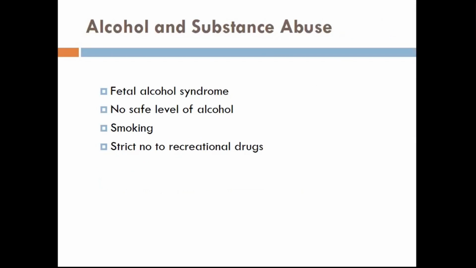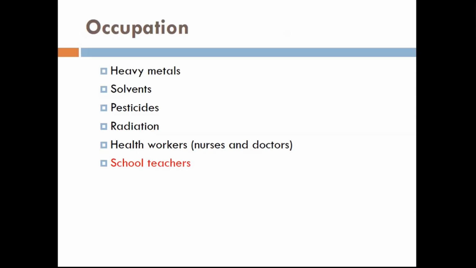I won't go into details because these are probably not that relevant in our society. Occupation: those working with heavy metals, solvents, pesticides, radiation, health workers, doctors and nurses, and school teachers. Why school teachers? Congenital rubella, right? Rubella is a childhood infection.